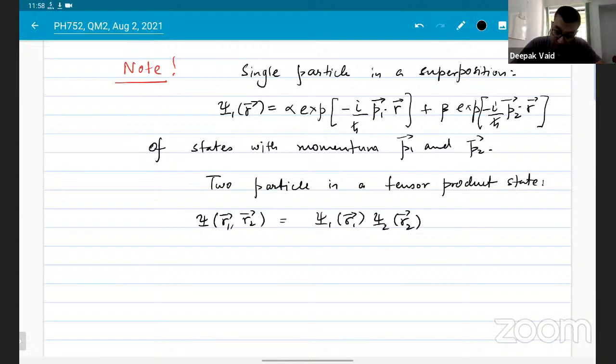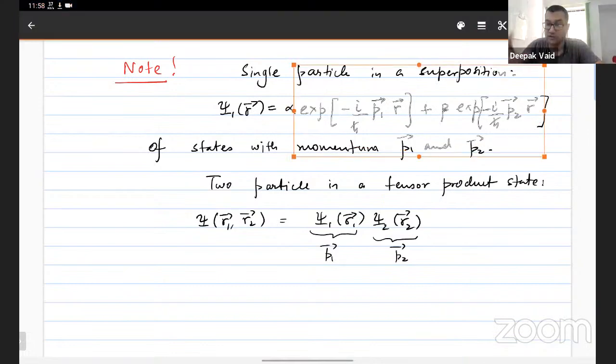Now, this psi 1 can have momentum, let's say P1, and this can have momentum P2. But that does not need to be the case. This could also be in a superposition of different momentum eigenstates, and this could also be in a different superposition.